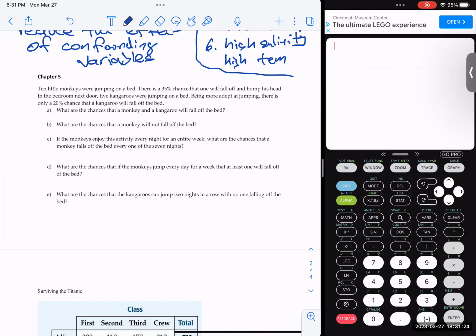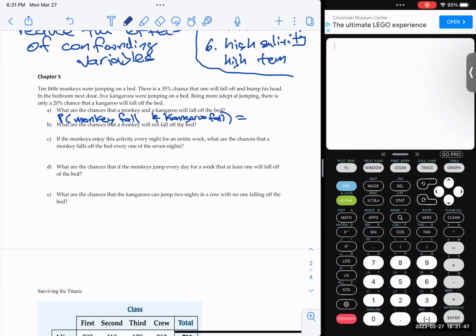Because when they're independent, it's super easy. You just multiply and you get the answer. And I think it's reasonable here to assume that they are. And so the probability of a monkey falling and kangaroo falling. Andrew thinks it's 7%.